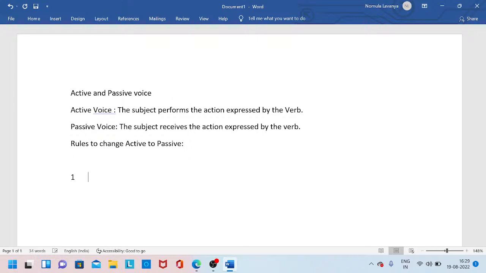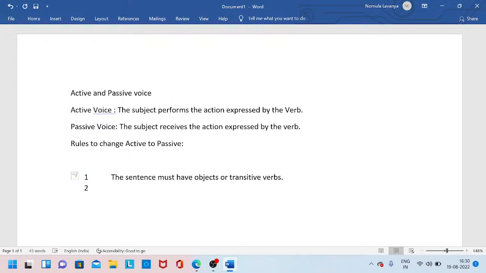The first rule is that the sentence must have objects or transitive verbs.